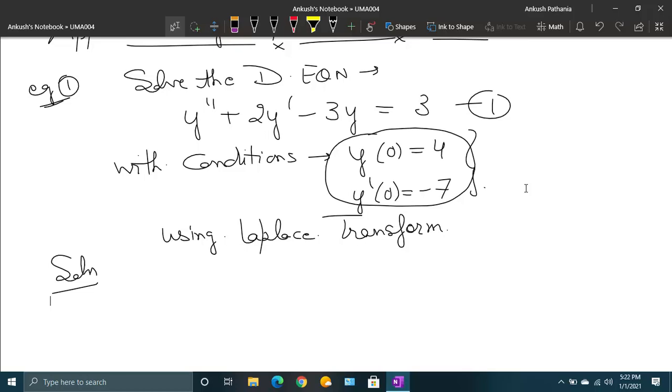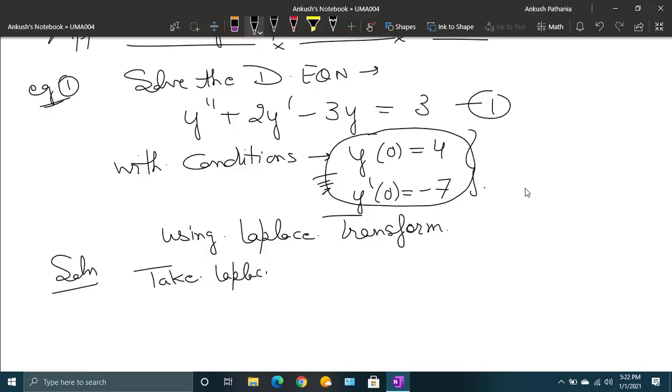Then we say that y general plus yp is the general solution of the non-homogeneous, and after that we put these conditions and find the particular solution. In Laplace, the process is not going to be that lengthy as in unit 1. Here it is easy.